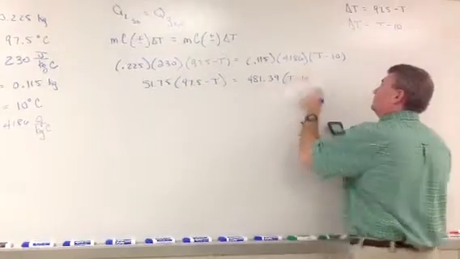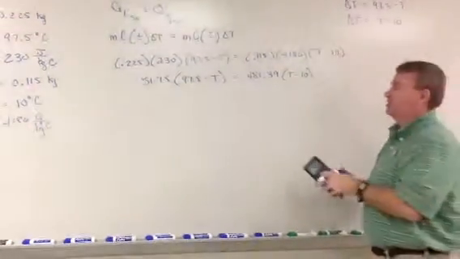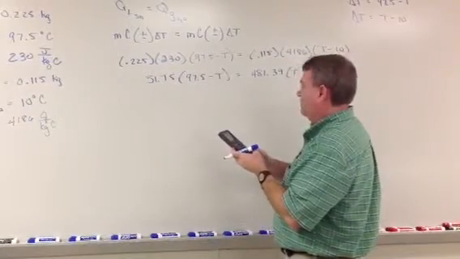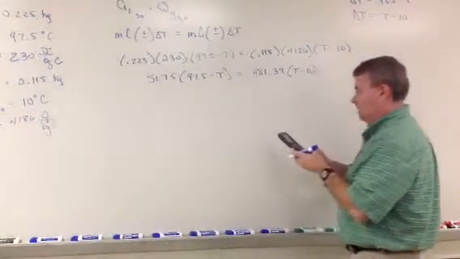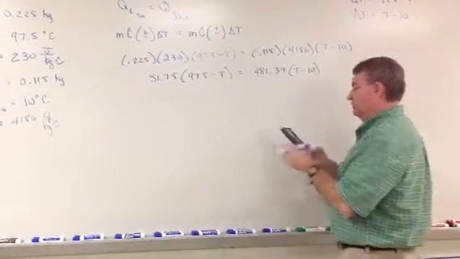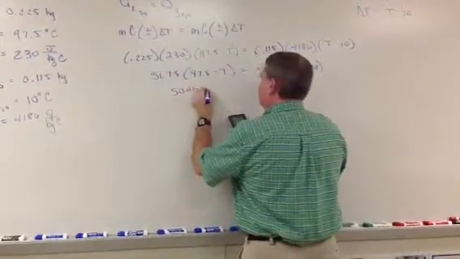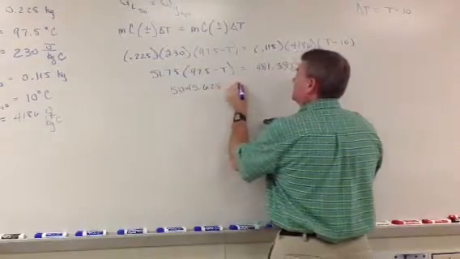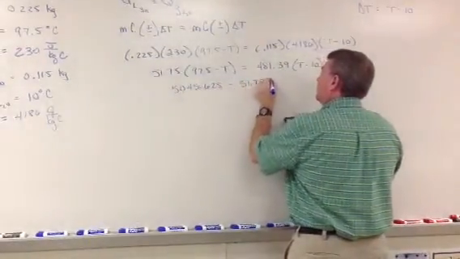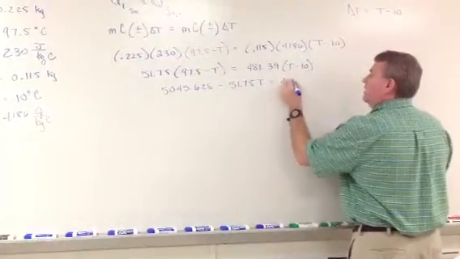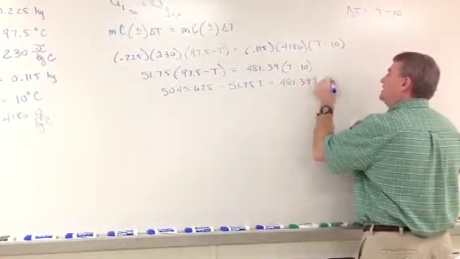T minus 10. Now we distribute this through. 51.75 times 97.5 is 5,045.625 minus 51.75 T. That's going to be equal to 481.39 T minus 4813.9.